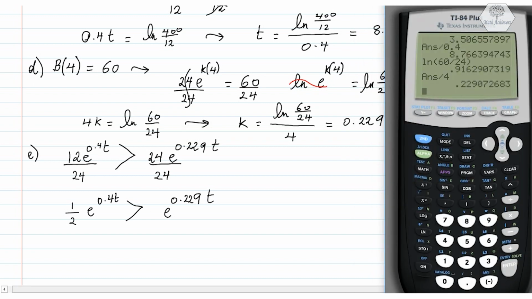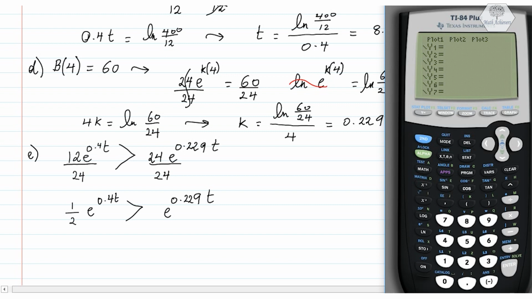For the GDC, we go to graph. I have to clear this. This is a table without the second graph. We go to graph directly. Here I don't have a graph. So in order to plug in a function, I need to go to this button, which is y equal.